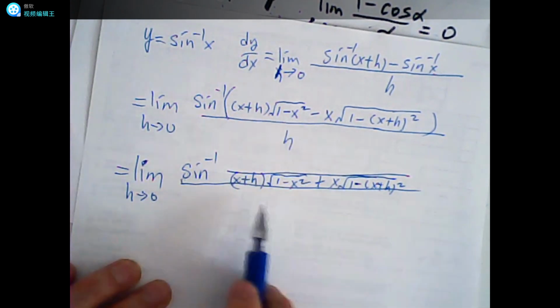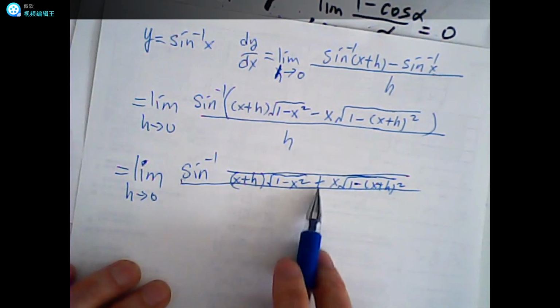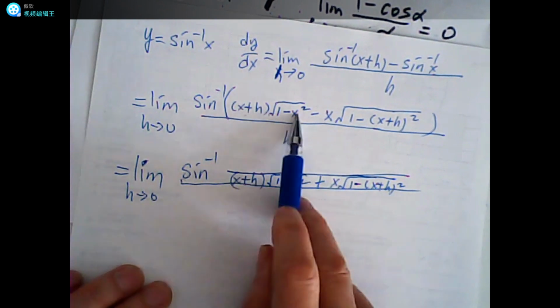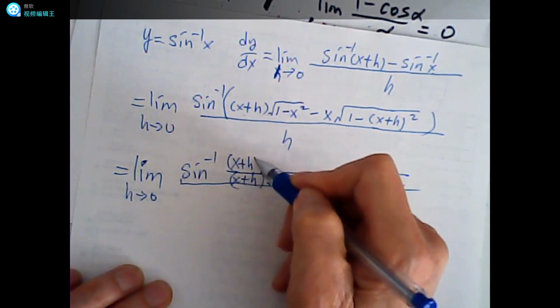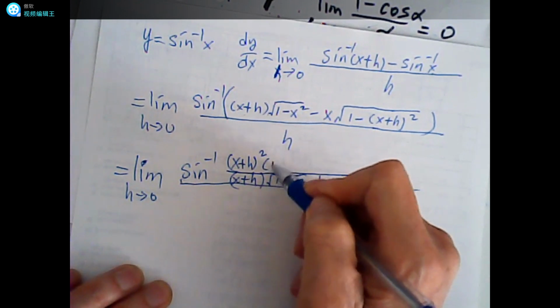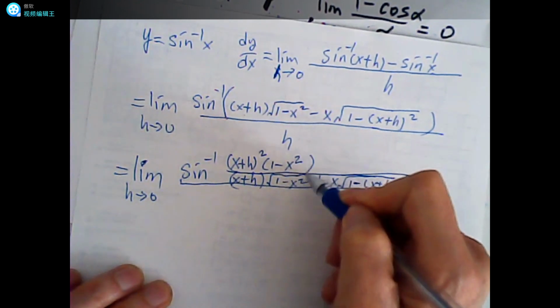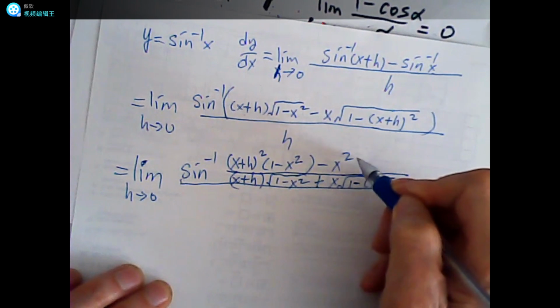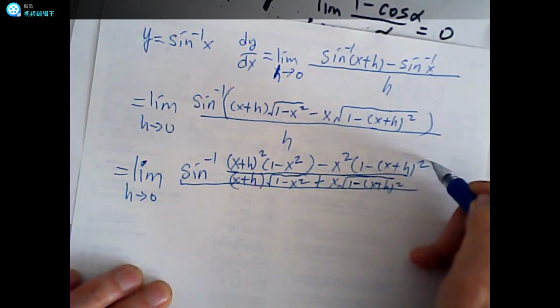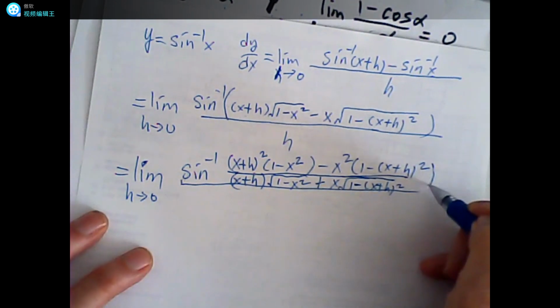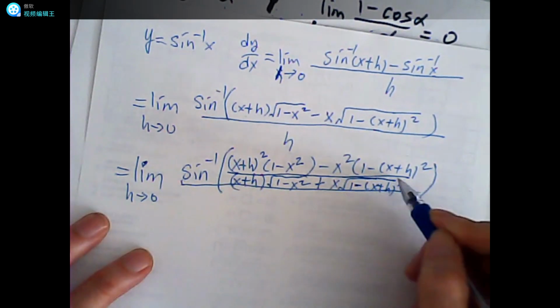And on top, also multiply by this one. It's a conjugate, right? So it becomes this square minus this square. This becomes (x plus h) square times (1 minus x square), minus x square times (1 minus (x plus h) square). Okay, that is it.